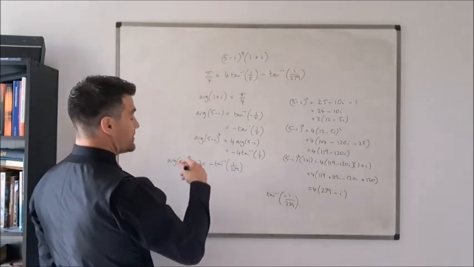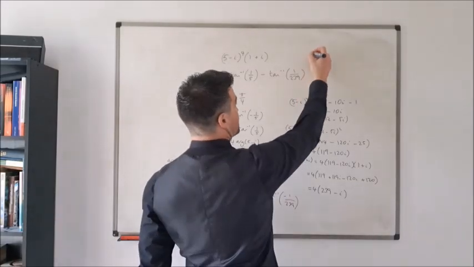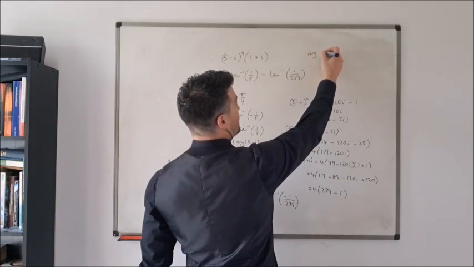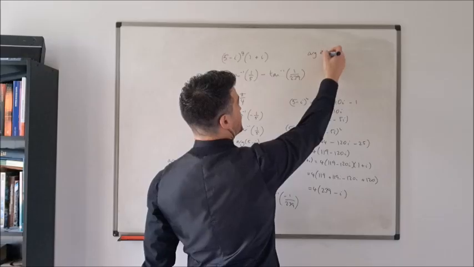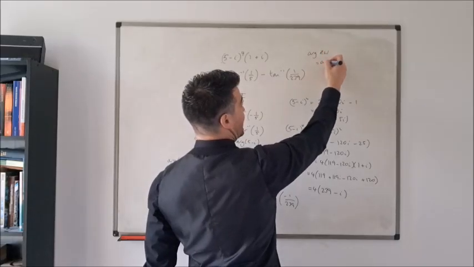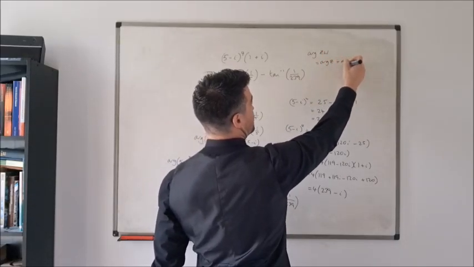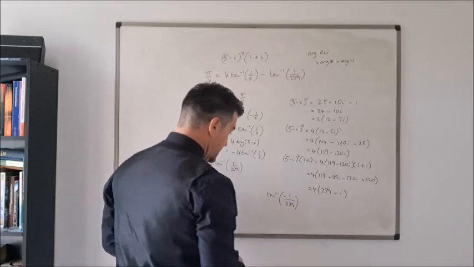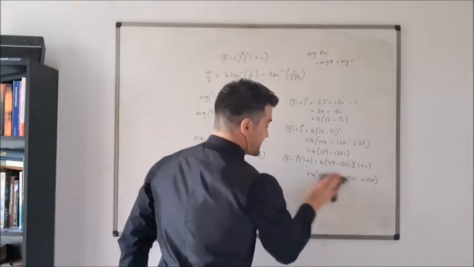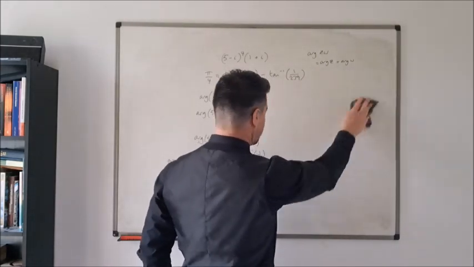So now, when you multiply complex numbers together, the argument of z times w is equal to the argument of z plus the argument of w. Just one of the properties of arguments of complex numbers.